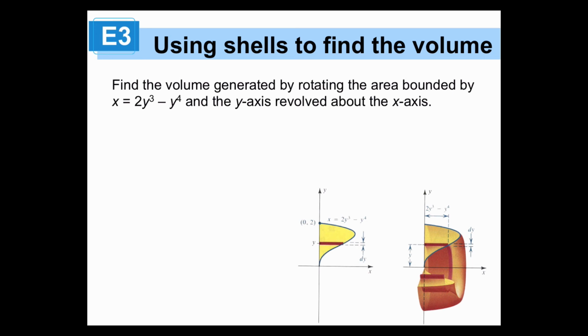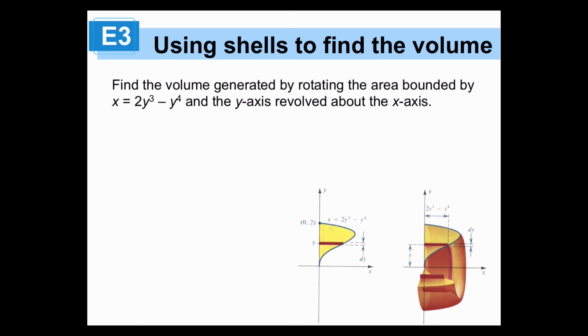Also the other indication is that the rectangle is horizontal. Could you do this problem with vertical rectangles? Well, if you knew what this function was in terms of x, you could, but then you get into this weird thing with the top being the positive part and the bottom. Believe it or not, it's easier to do this with a horizontal rectangle.